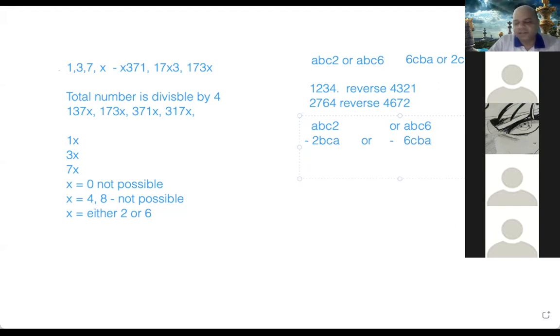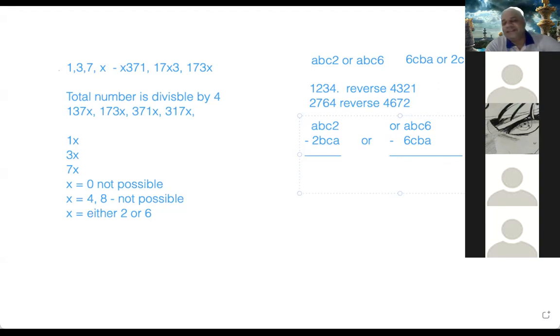This is what we are saying. This is the difference after you calculate it. And yeah, Madhura, what were you saying? Sir, in ABC6, A cannot be 1 because then it will be 1000 plus BC minus 6000. Correct. Yeah.